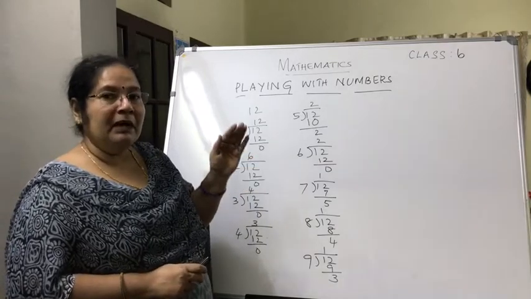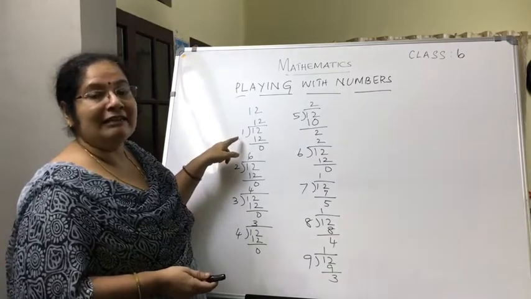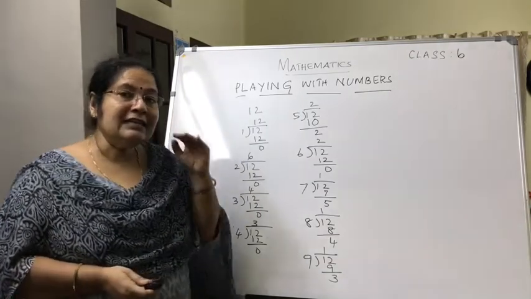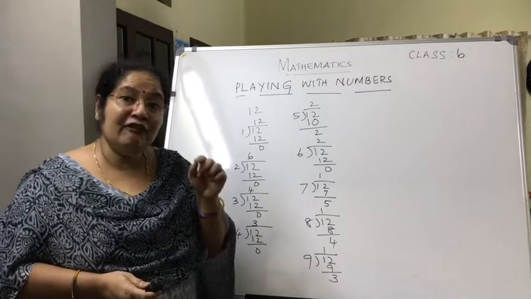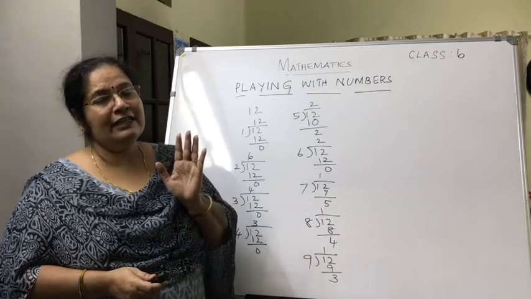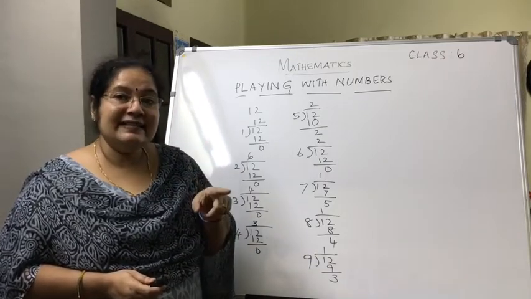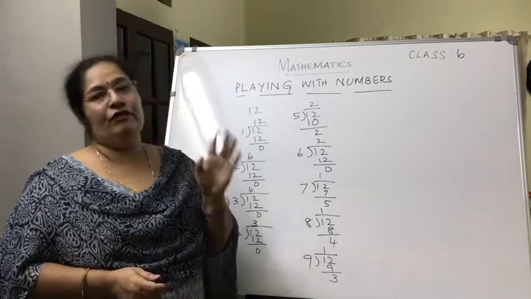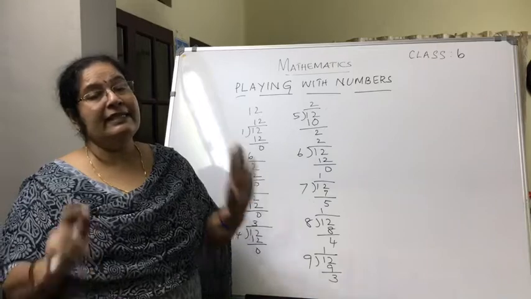So the number which completely divides will become the factor. A factor of a number is an exact divisor of that number. Exact divisor means it completely divides the number.